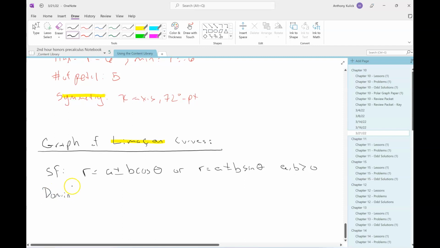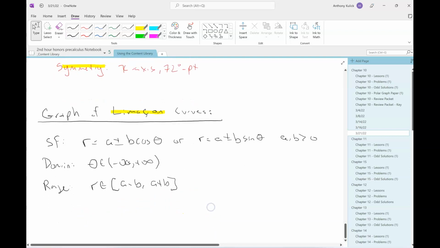They are of the form a plus or minus b cosine theta or a plus or minus b sine theta. The domain, just like for the rose curves, is all real numbers. The range is going to be a minus b to a plus b. The max value then is going to be a plus b, and the min would be a minus b.